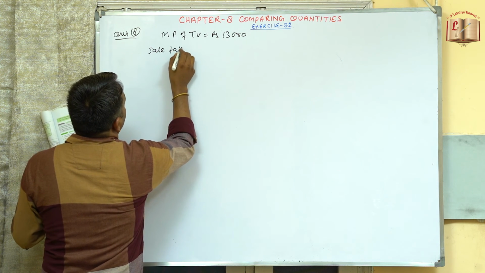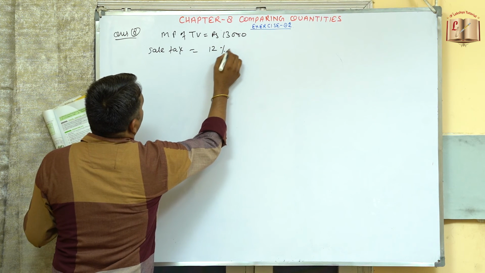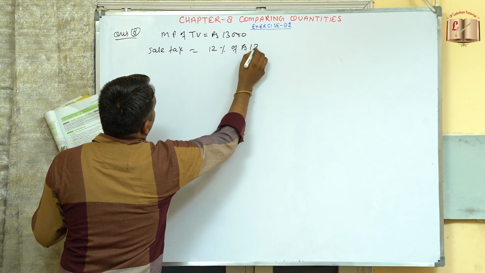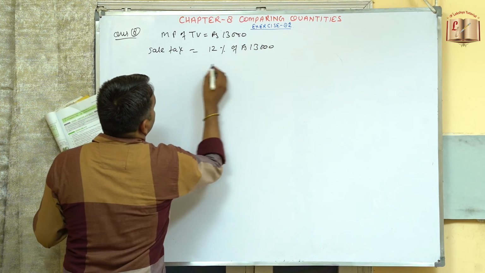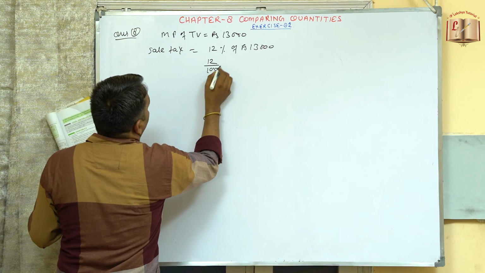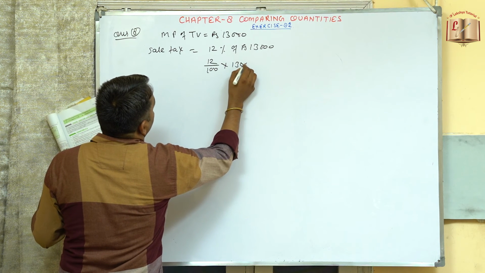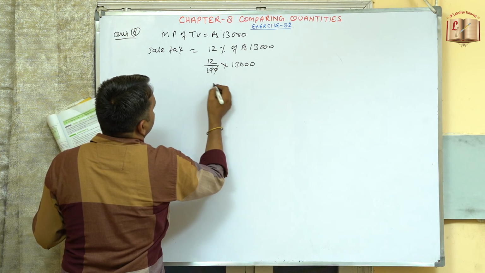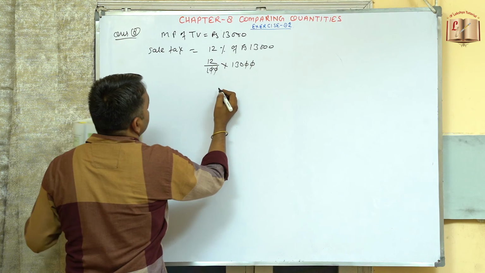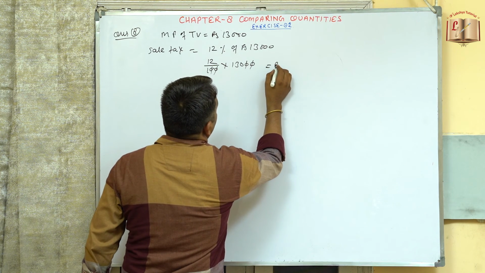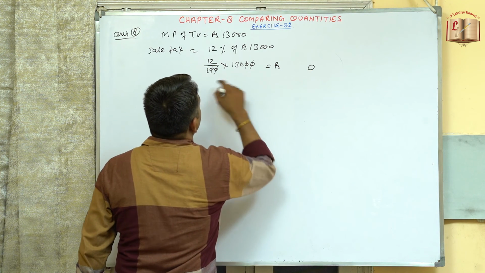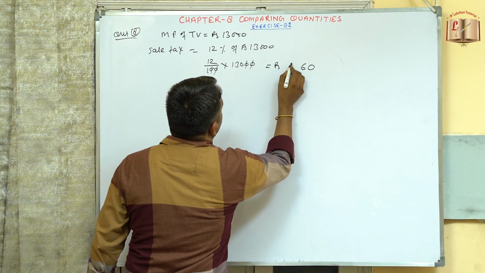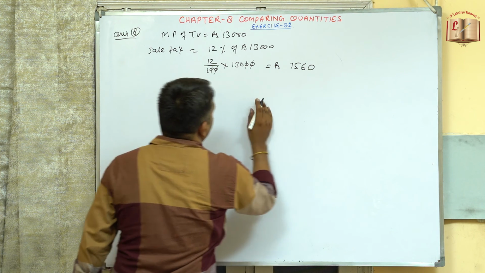So sales tax will be equals to 12% of rupees 13,000. So this will be now 12 by 100 into 13,000. 0 0 0 0 cancelled. So it will be now rupees 1560.